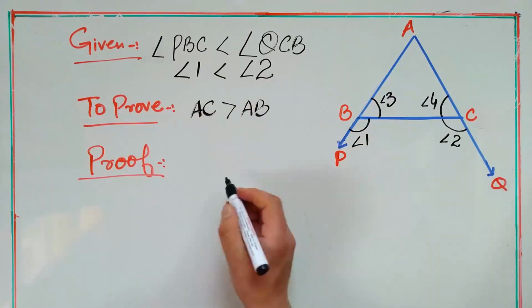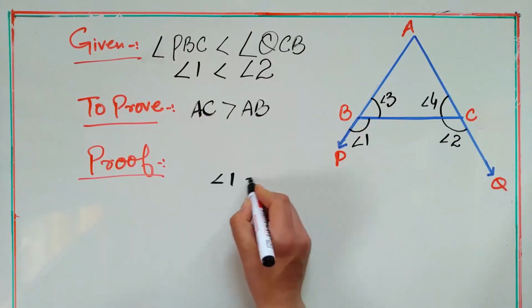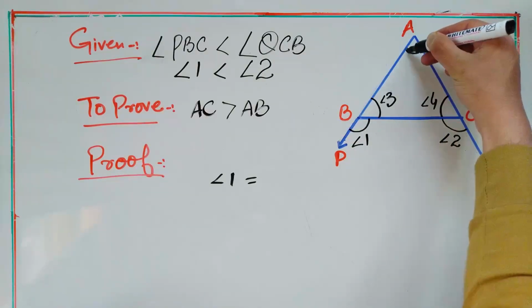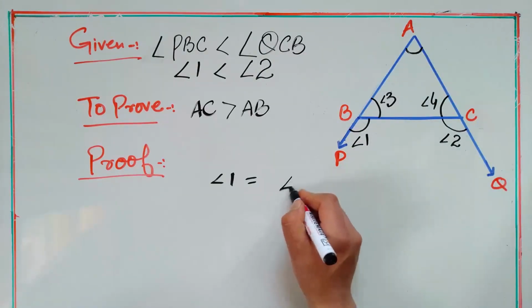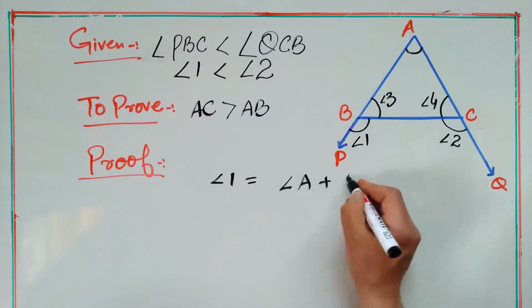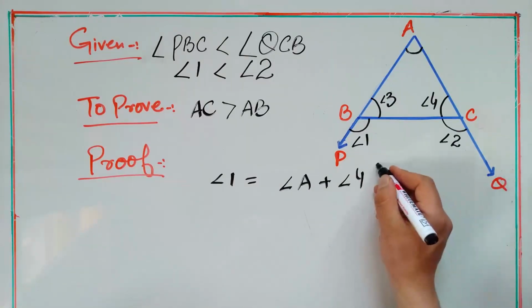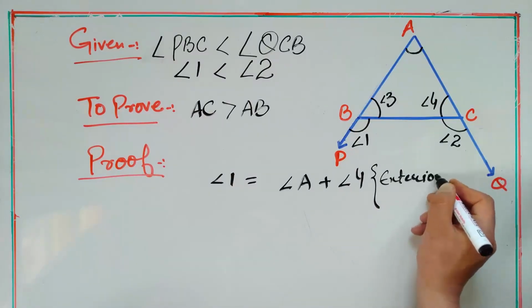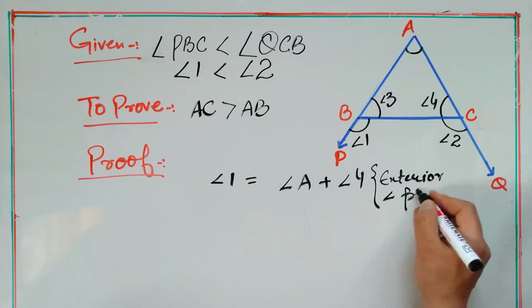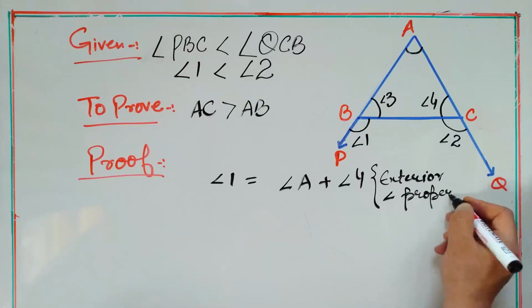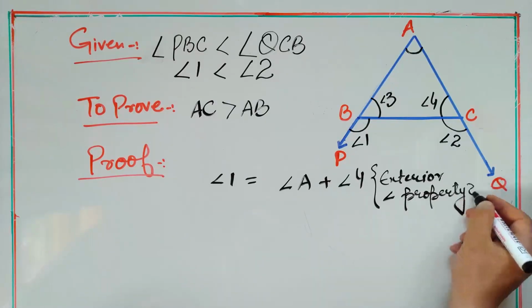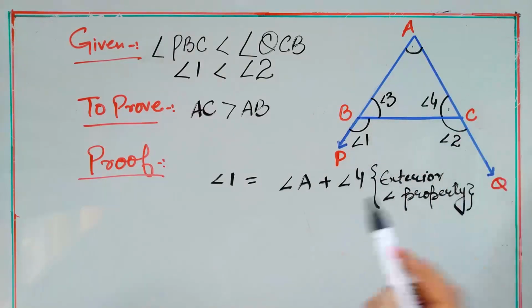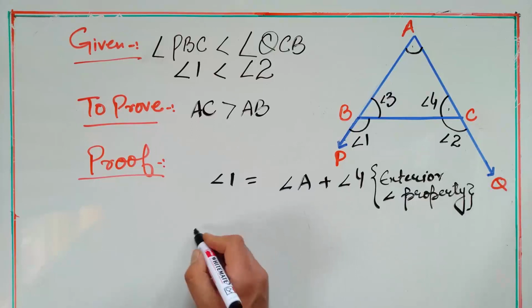So I can write down angle 1 is equal to angle A plus angle 4, and this property is called the exterior angle property. That the exterior angle is equal to the sum of two opposite interior angles.